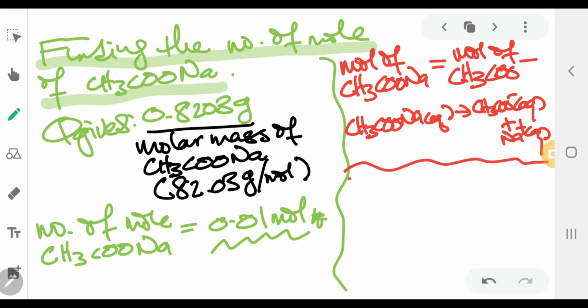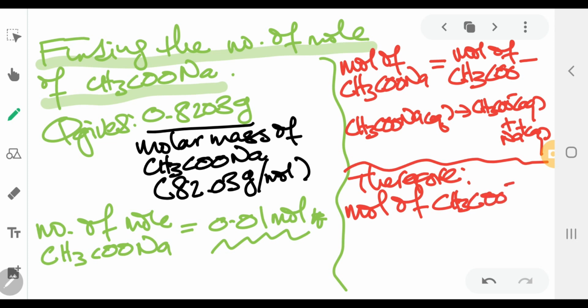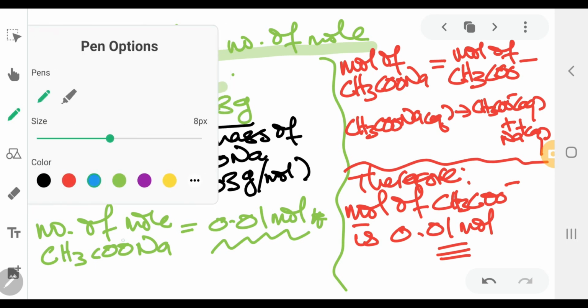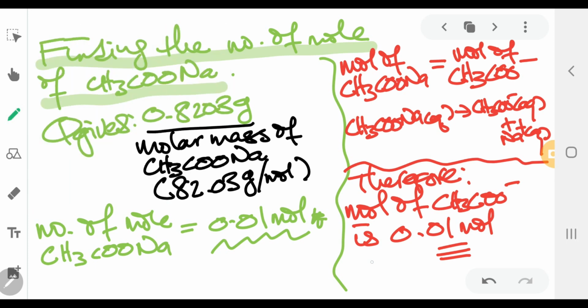Now, therefore, mole of CH3COO- is 0.01 mole. Okay, so by doing this, you will be able to get this one mark. You get 1 mark right here. You get 1 mark right there.